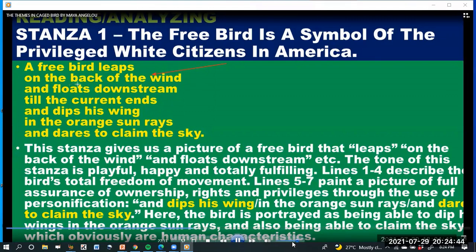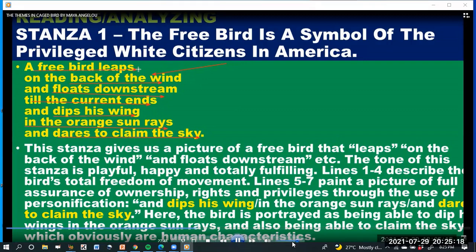All right? Now, on the back of the wind and floats downstream till the current ends. These all point to the freedom the bird enjoys, and dips his wing in the orange sun rays, and dares to claim the sky. Look at the audacity, look at the freedom, look at the authority, look at the power, look at the abundance available to the free bird.